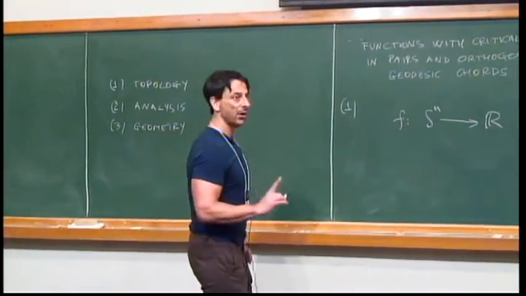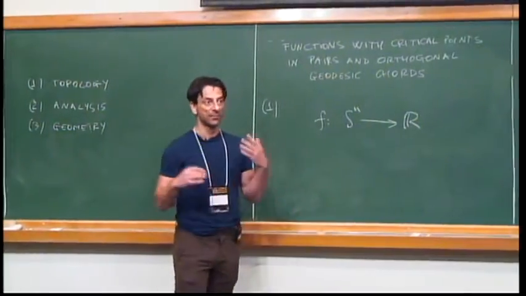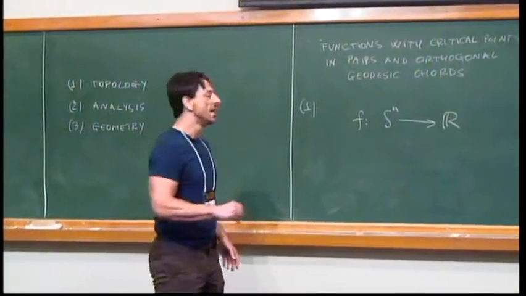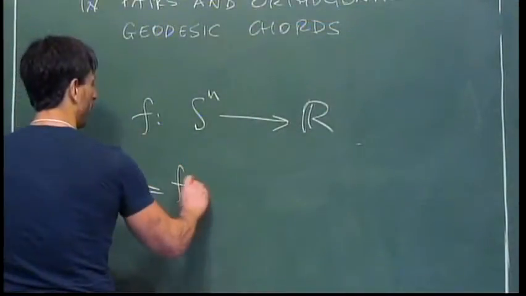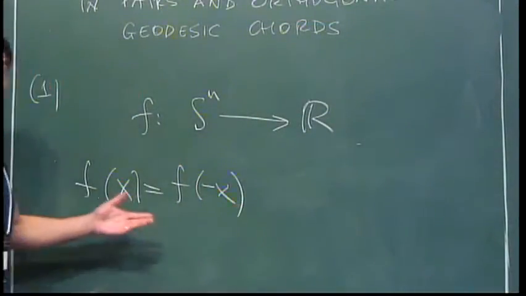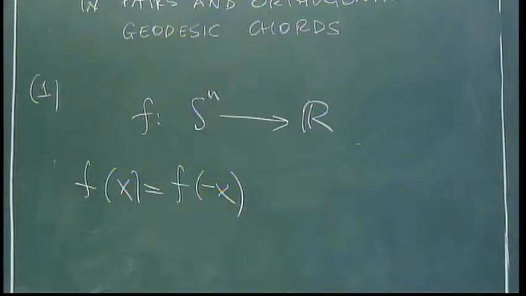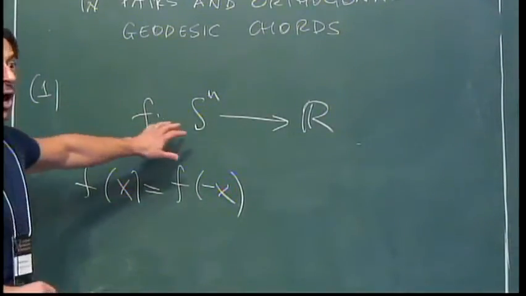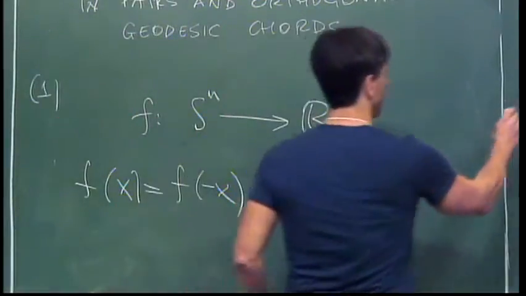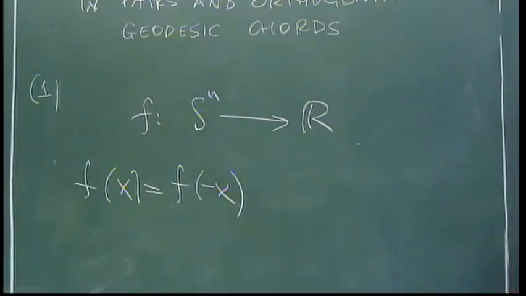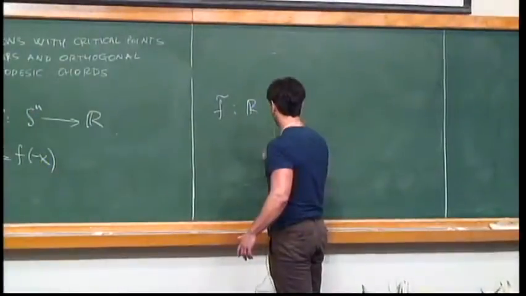Things get a little better if you assume that f has some symmetry. For instance, if f satisfies f of x is equal to f of minus x, that is, it's an even function, then you can define, using this f, a function on the projective space, right? So this gives you an induced map on the projective space RP^n.